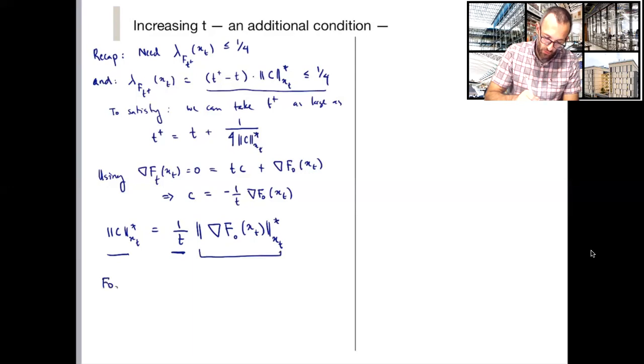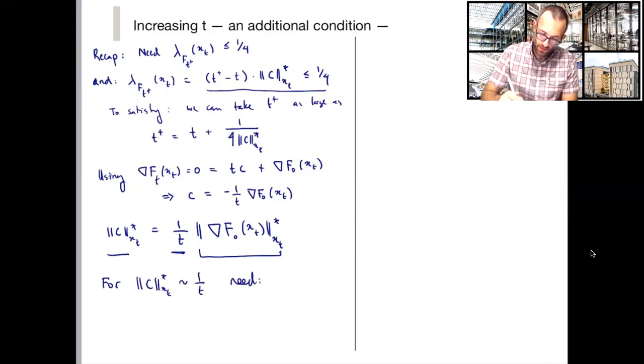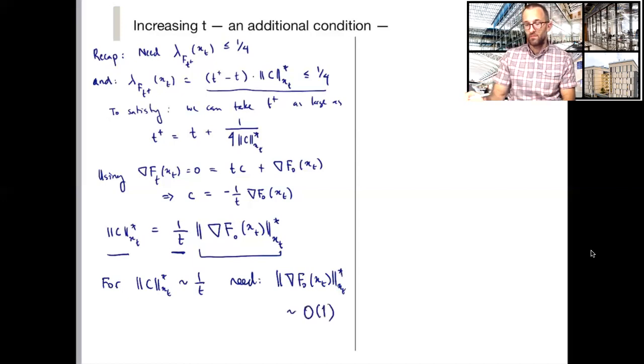Just to recap, for this to scale like 1 over t, we therefore need this local norm to be a constant. Again, we can think about why it's so important that we're using this local norm.